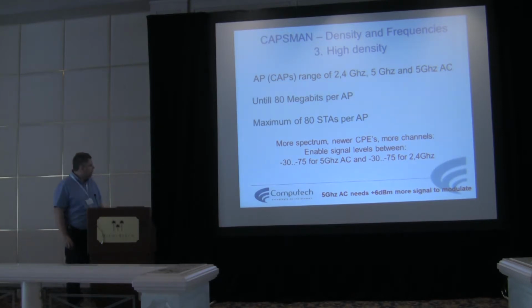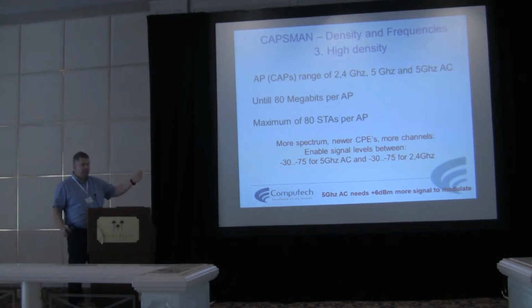It's too much. The benefits are more spectrum, newer CPEs, obviously, more channels, and enable signal levels -30 to -75. AC coverage is a little shorter than the A coverage.